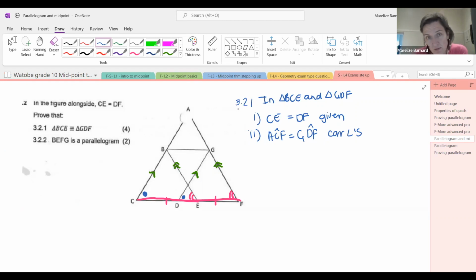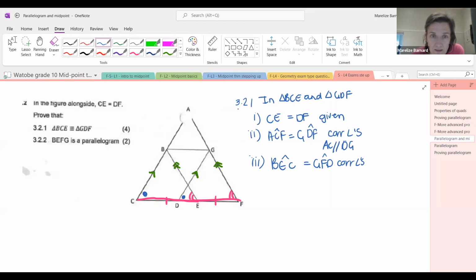Which parallel lines are we using? We're using AC parallel to DG. And then we can also say that angle BEC is equal to angle GFD, also corresponding.